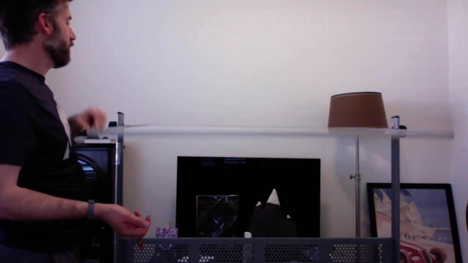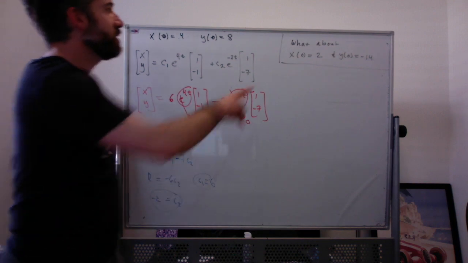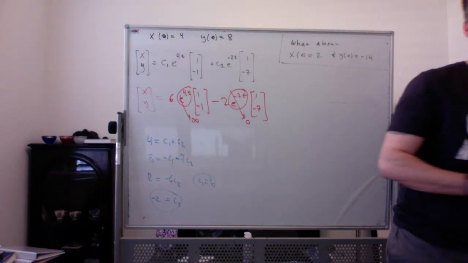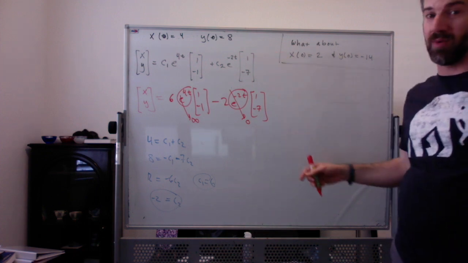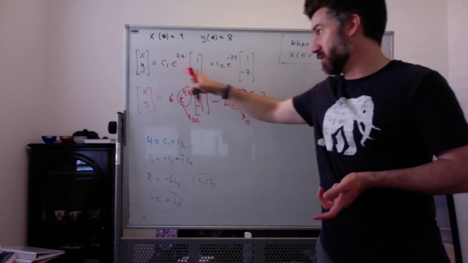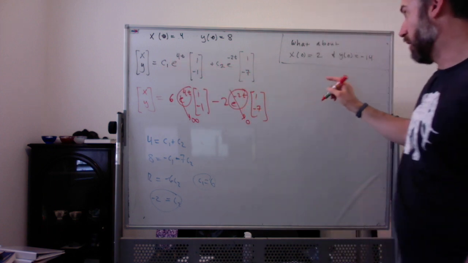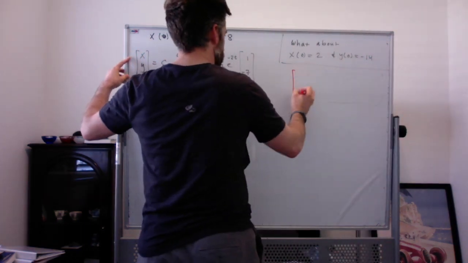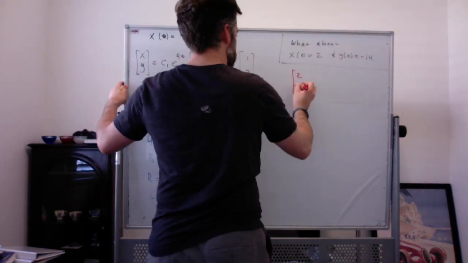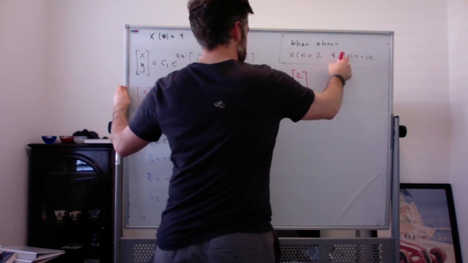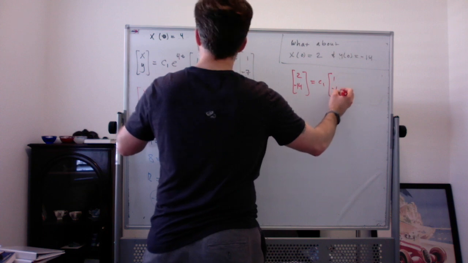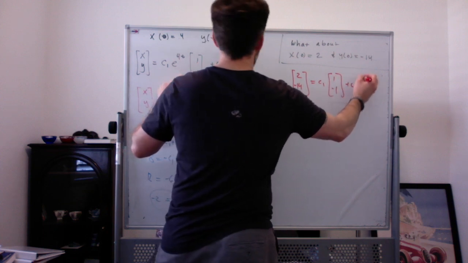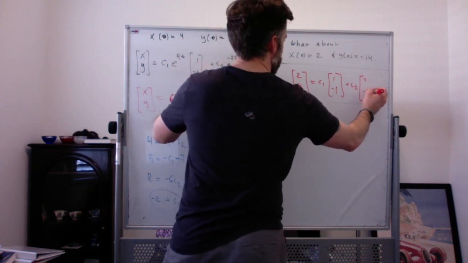The one other thing I will say is if you have this initial condition, things are slightly different. It's kind of interesting. Notably, this initial condition is actually a multiple of this eigenvector. What we're going to end up getting is c1 is 0 and c2 is not 0. Check it out. If I plug in 2, negative 14, setting t equal to 0, I get c1 times 1, negative 1 plus c2 times 1, negative 7.